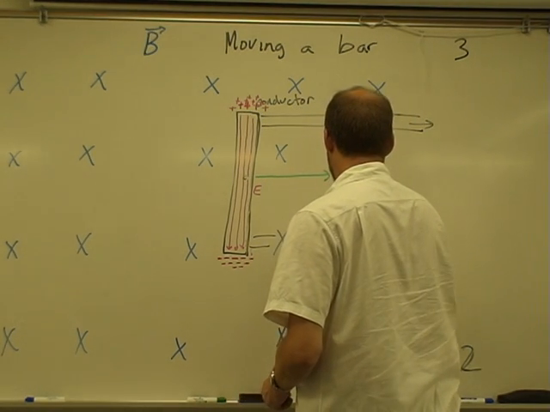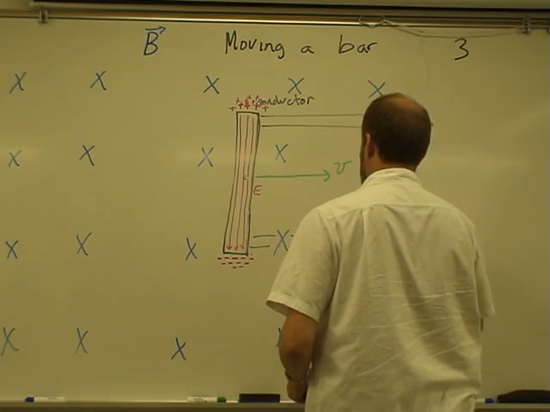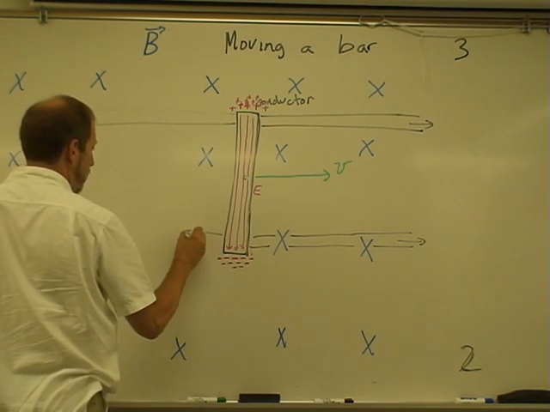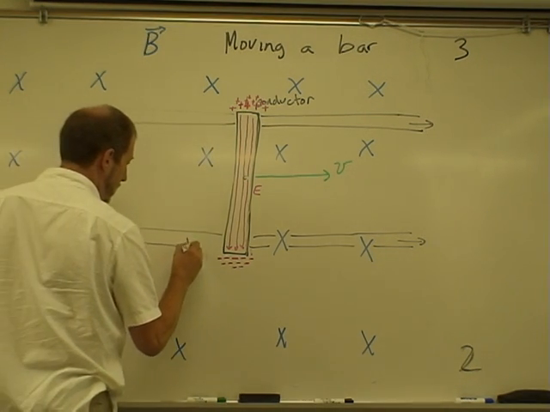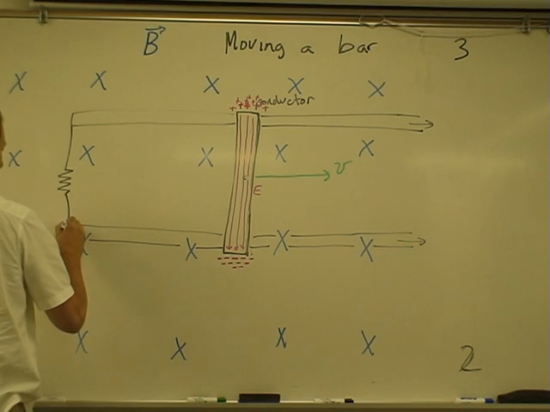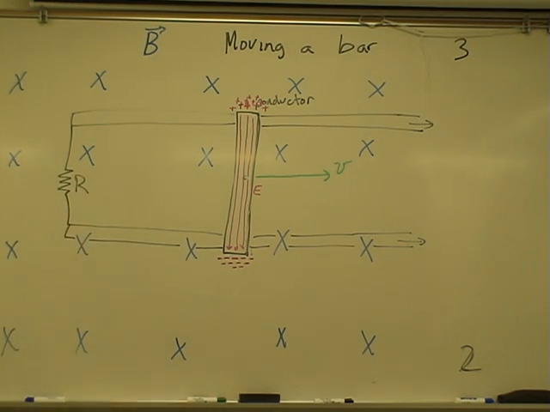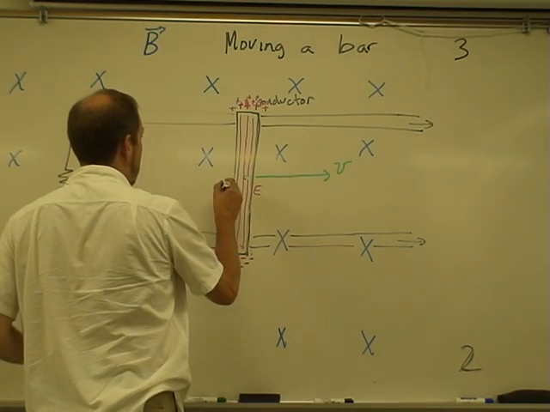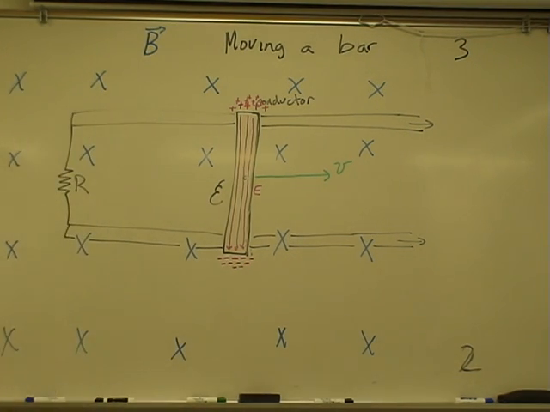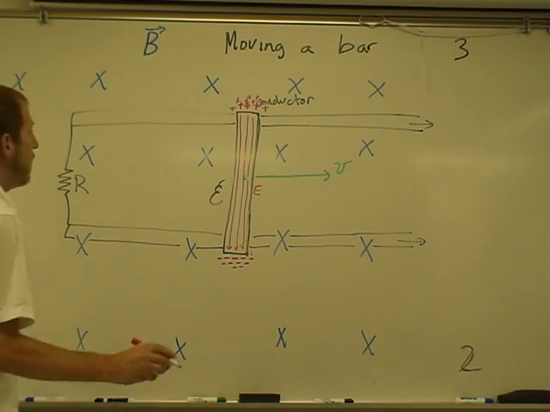The hypothetical for this is to imagine that this bar is free to move on frictionless rails connected by a wire, which means that as this bar is moving through this magnetic field, it will set up an EMF in that bar, and it will give rise to a current.